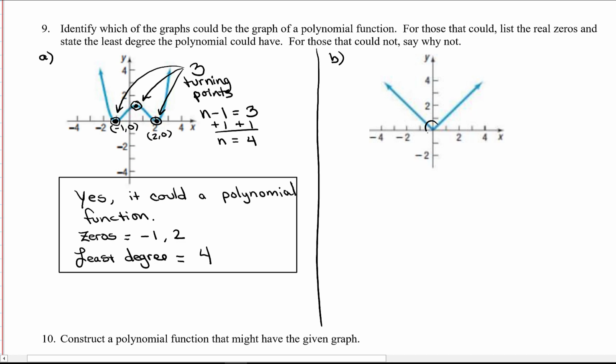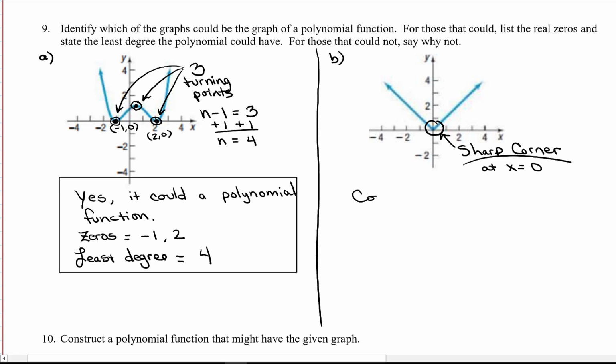So first question here, is this a polynomial function? Well, look at this sharp corner that's going to happen here at x equal to 0. Because there's a sharp corner at x equal to 0, I can tell you this is not a polynomial function. So we're just going to go ahead and say here that this could not be a polynomial function.